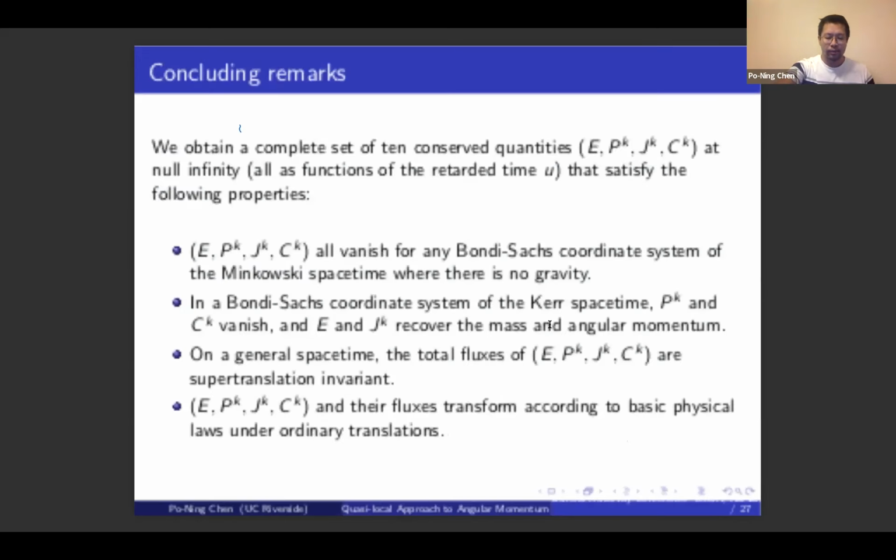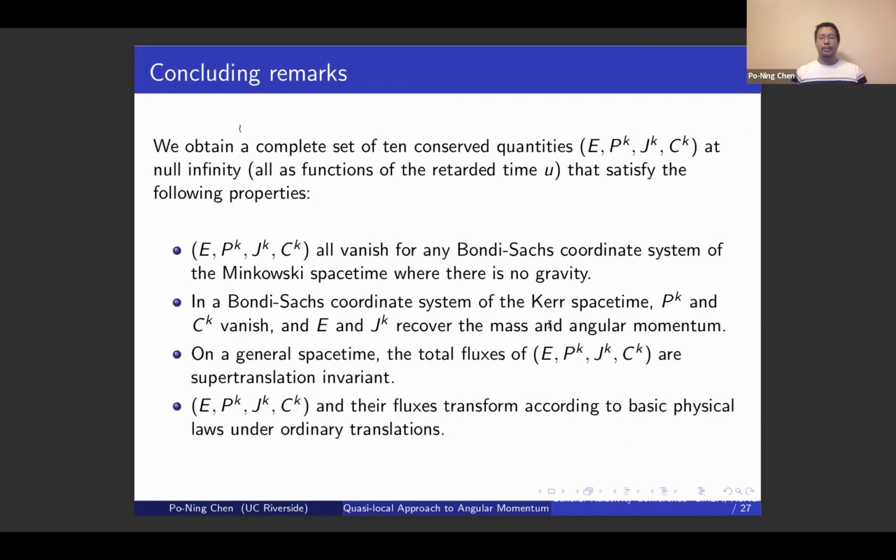Okay. Indeed, because we also have the quasilocal center of mass, by taking its limit, one can also define the total center of mass at null infinity. And again, all of this vanishes for any boundary point system of Minkowski space, when there is no gravity.